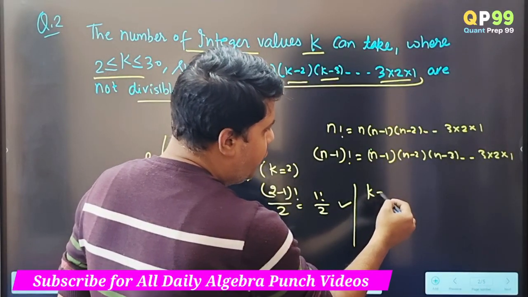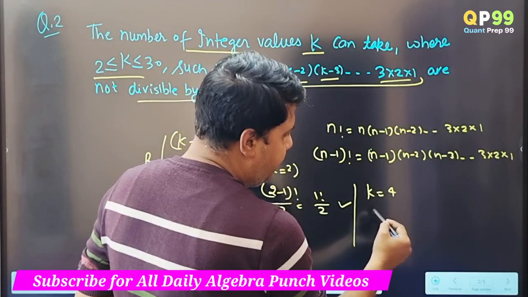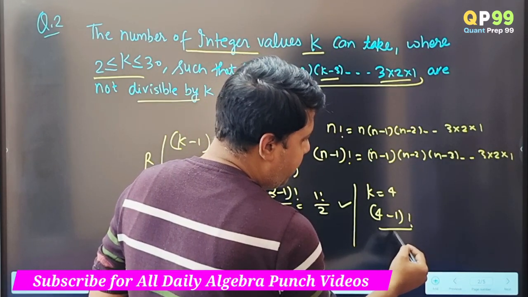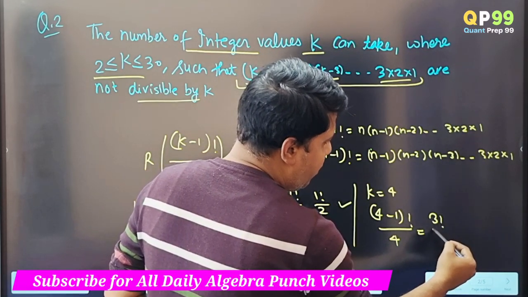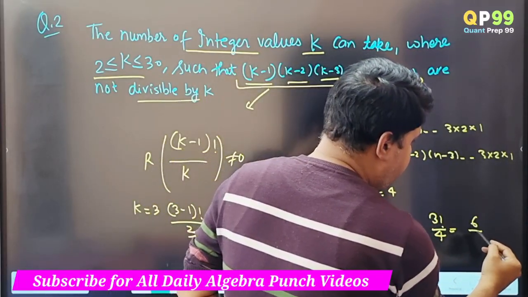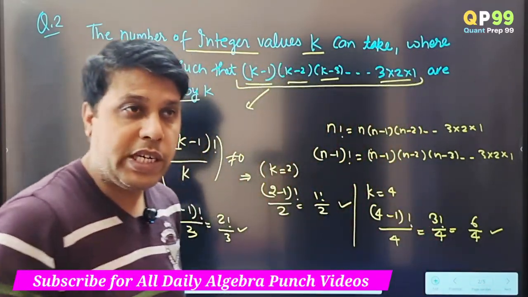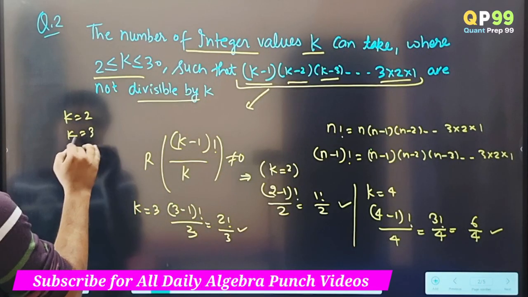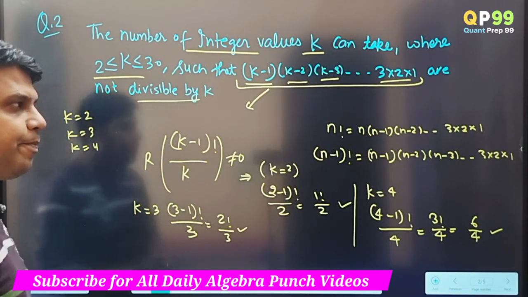If I say K equals 4, this is 4 minus 1 factorial divided by 4, so this is 3 factorial divided by 4, so this is going to be 6 divided by 4, again this is also satisfied, meaning K equals 2, 3 and 4 are all satisfied, right?